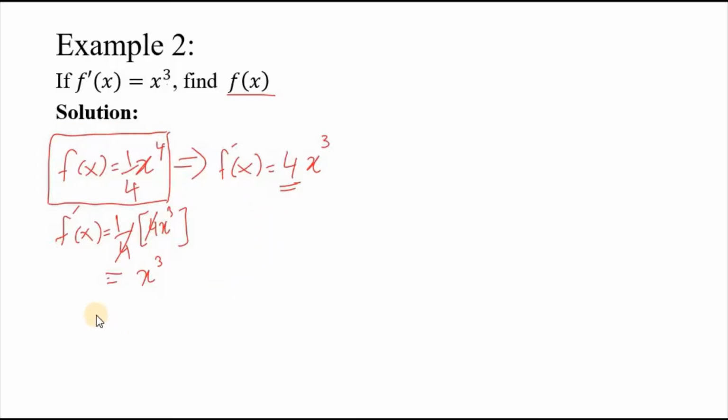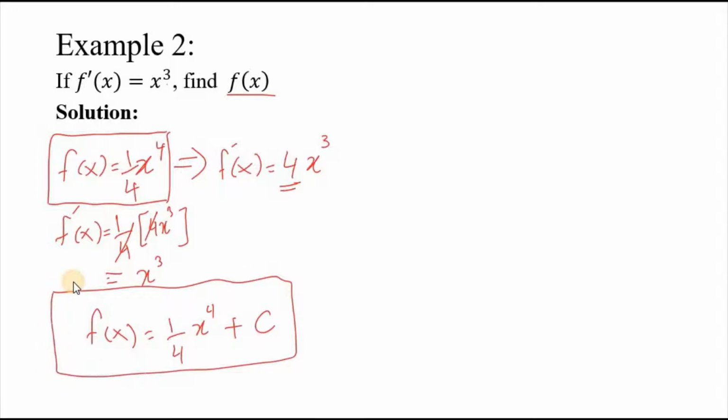I can find a general antiderivative of the function by adding a constant to that. So we're going to say the antiderivative is f of x equals 1/4 x to the fourth power plus c, and that will be an antiderivative for the function f prime of x equals x cubed.